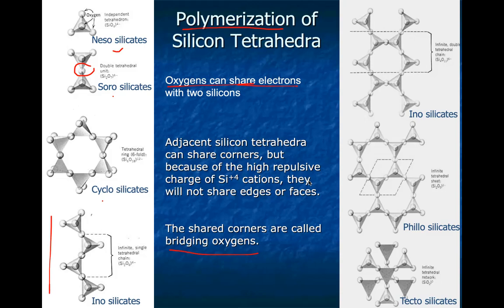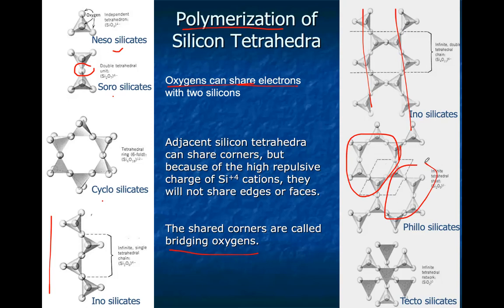The inosilicates have two types. They also show interconnections with two chains like this, which is the double chain type. And then phyllosilicates have a sheet-like structure, like the pages of a book, you can see, right?